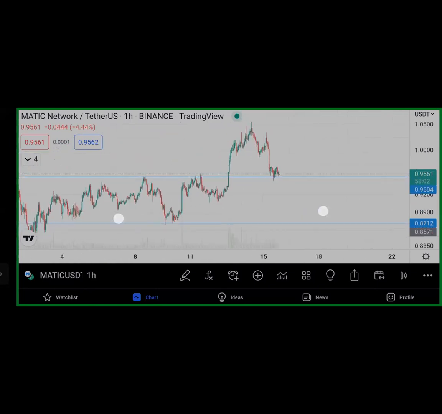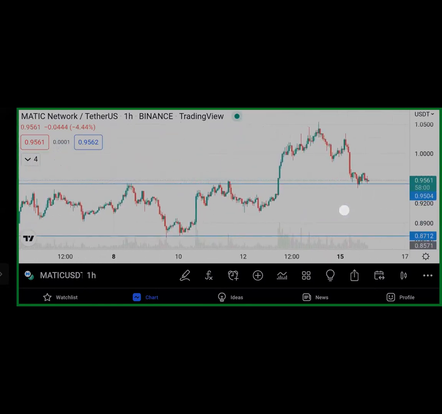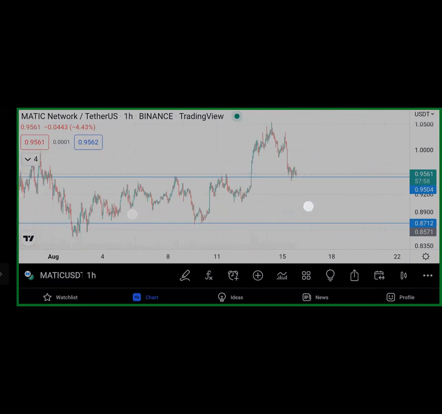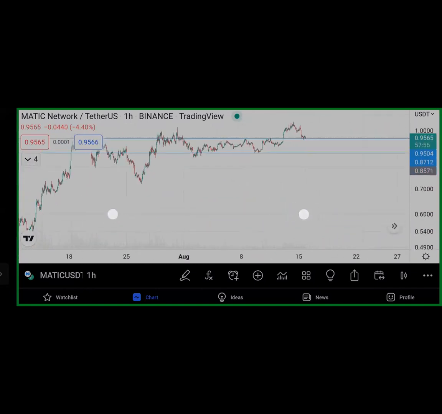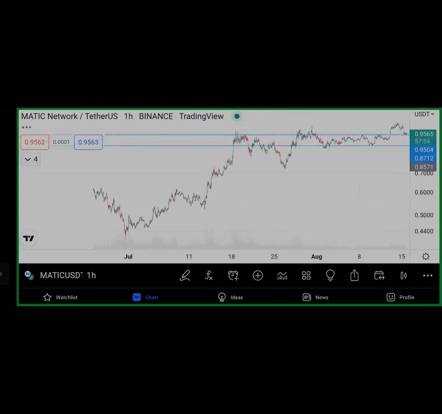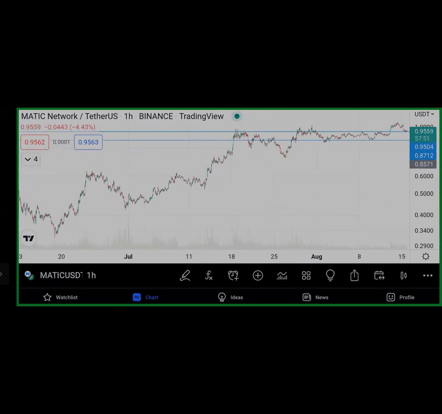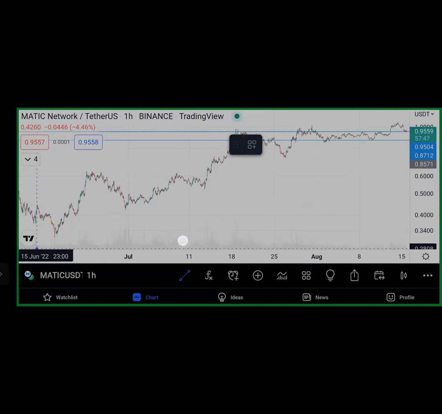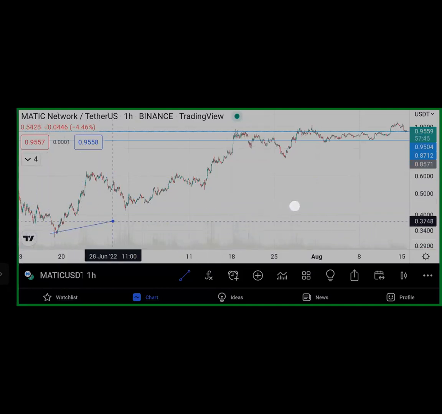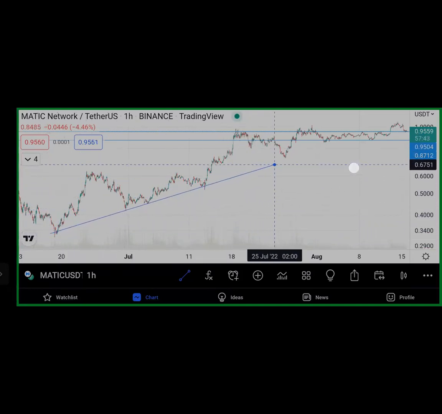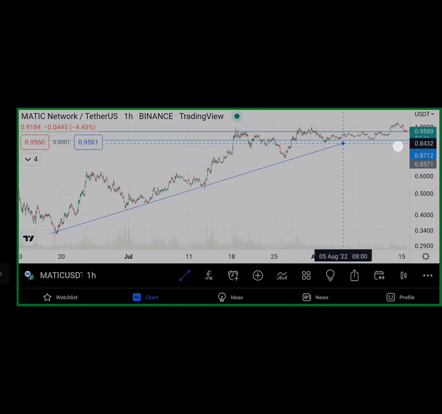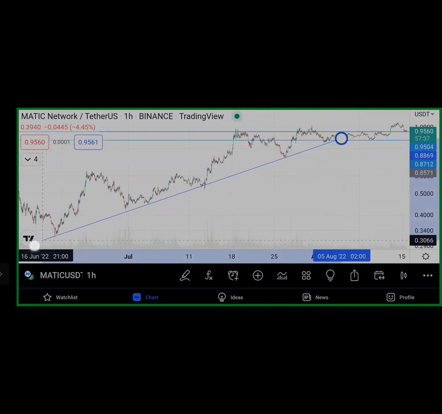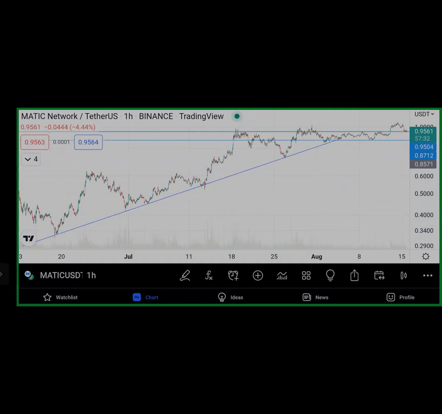All right, but let's look out for one of a pullback. Let's see if we can find one here. All right, let me go. I've seen one already. It can be easily found on an uptrend. Let's start from here. We connected. You can see that.